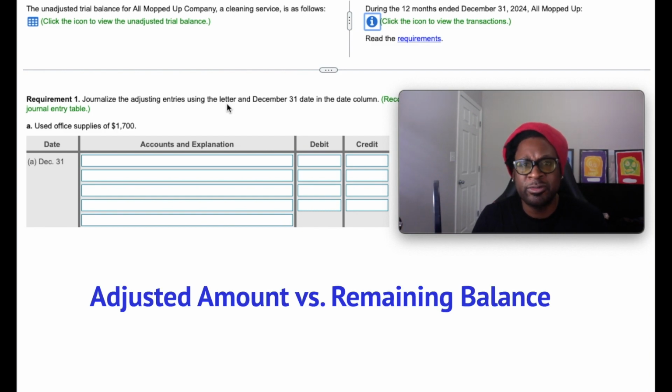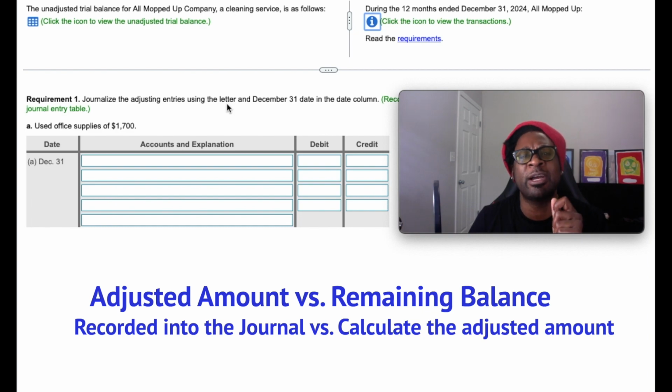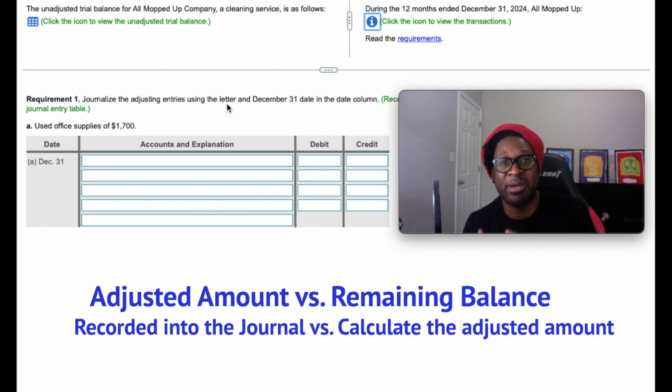So in other words, they could give us the number in the transaction that we're going to use in the journal entry, or they could give us the number that we're going to use as an ending balance to calculate the adjustment. And so we have to be very careful and critical about the words that will refer to making the adjusted amount or giving us the ending balance.